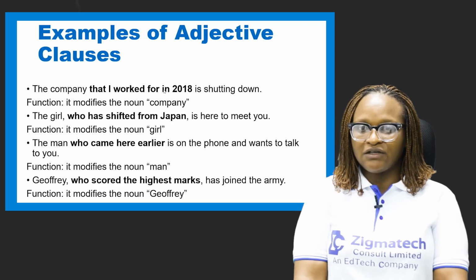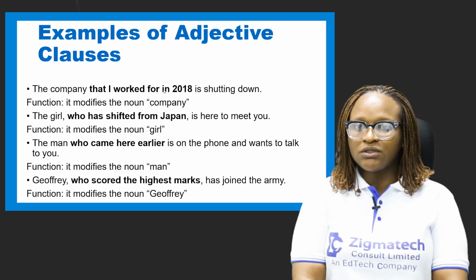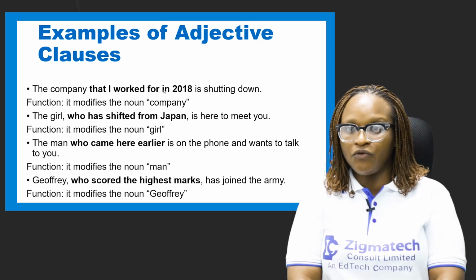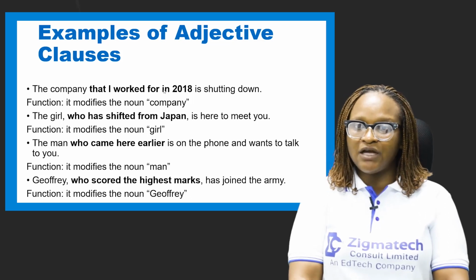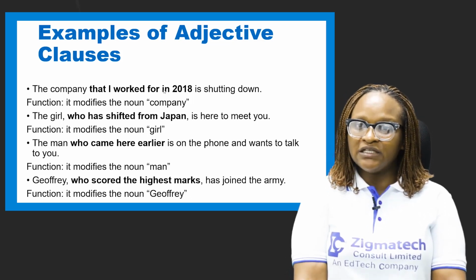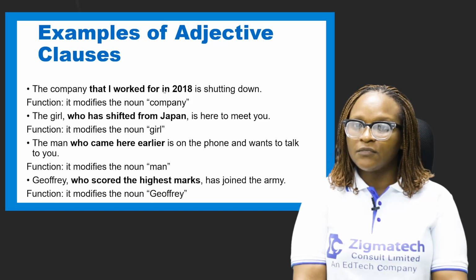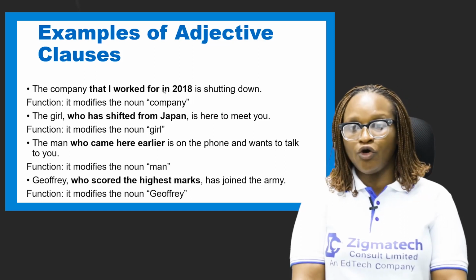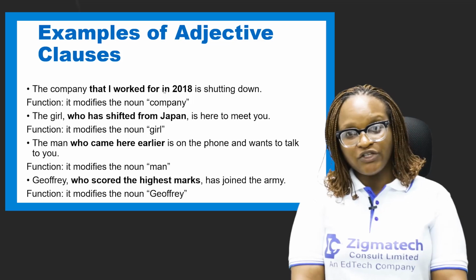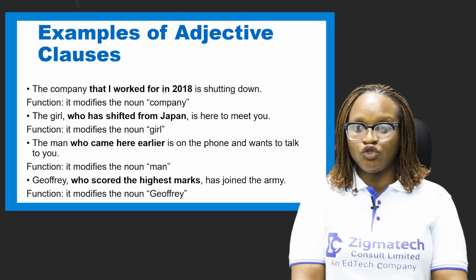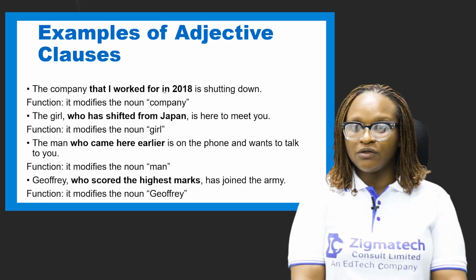Examples of adjective clauses. Now, the company that I worked for in 2018 is shutting down. This type of adjective clause is restrictive. Why? Because there is no comma. The information goes on.